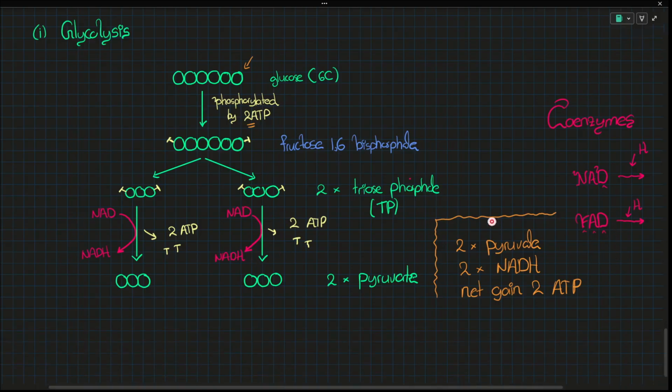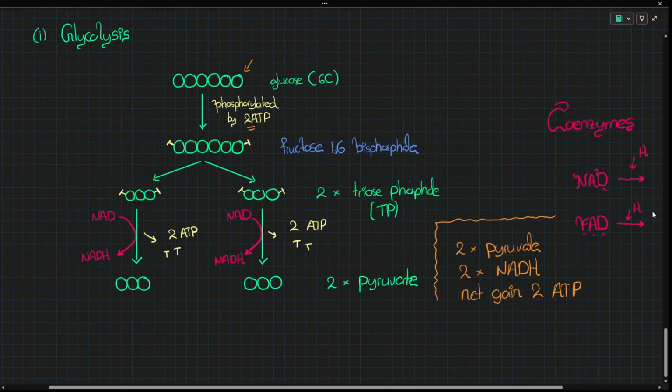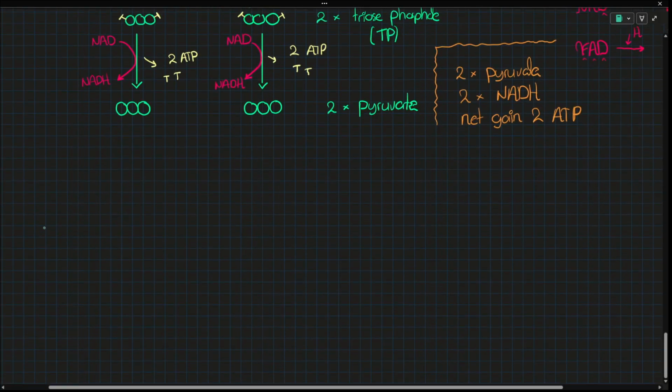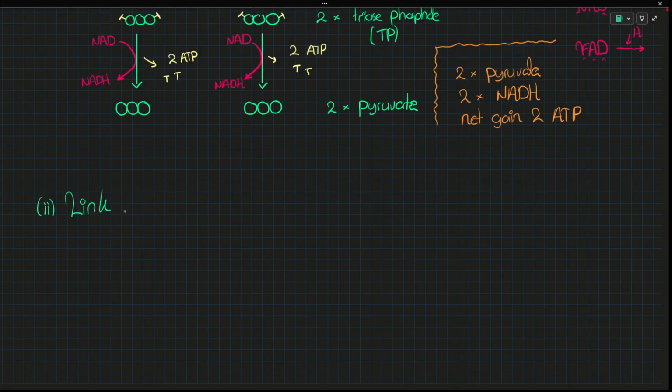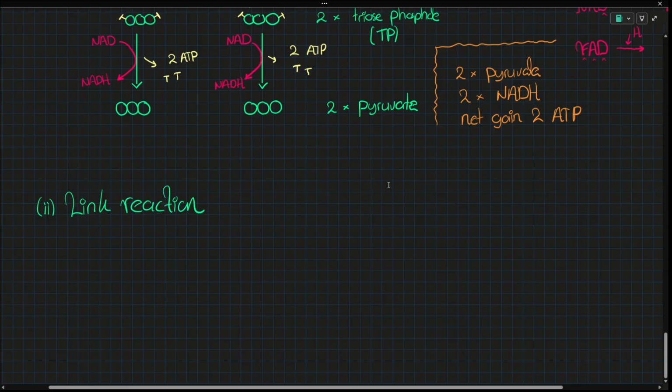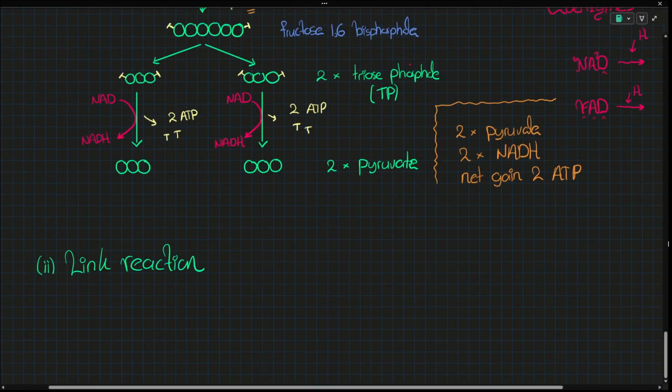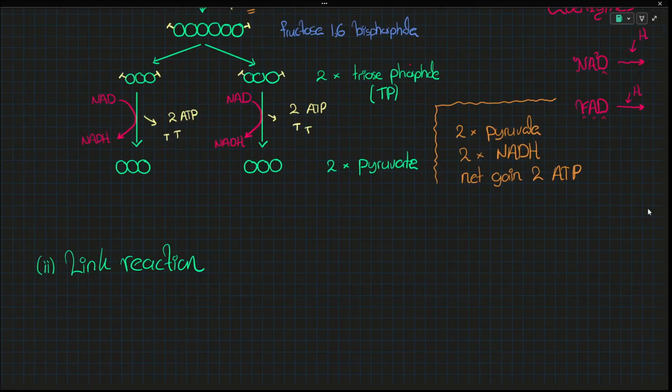Okay, right. Now, what's the second stage of aerobic respiration? The second stage is known as the link reaction. Here's the funny thing: you cannot move into the link reaction and the Krebs cycle straight away.